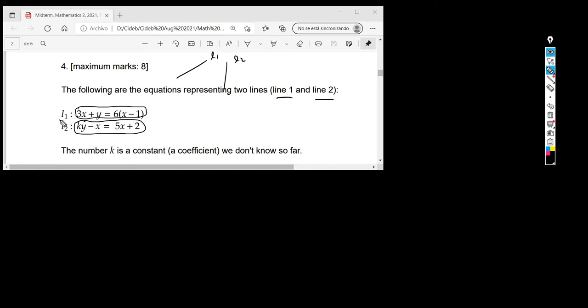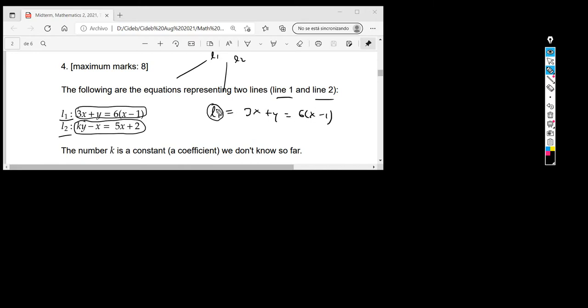You can do this, what I just did here, making reference to line 1 as being this one and line 2 as being this one, but you are not allowed to write L1 equals 3x plus y equals 6x minus 1. This would be very weird. Why? Because by doing this, you're kind of saying that L1, this symbol, represents a number. You're saying that this number equals all of this number, which equals all of this number.